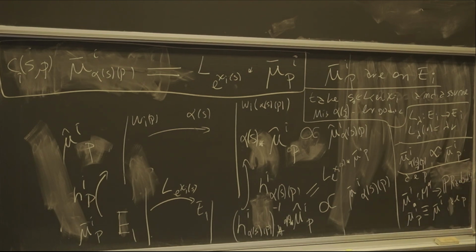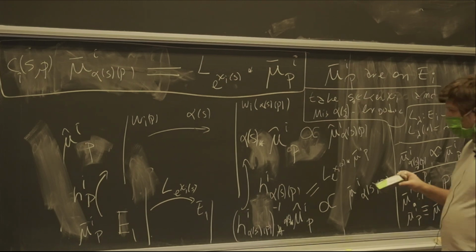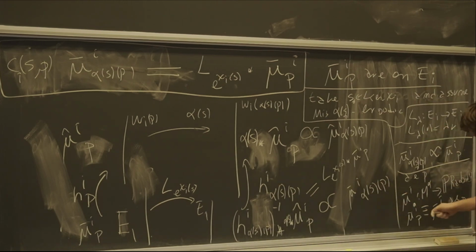There are no two measures here. There is only one conditional measure, of course, up to some constant. So we still have to keep the up to a number. The normalization may change, but the measures are always the same.